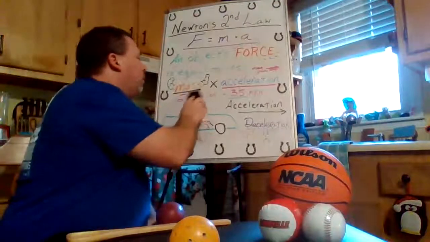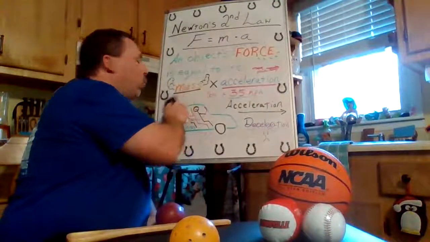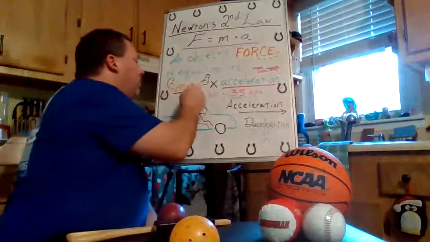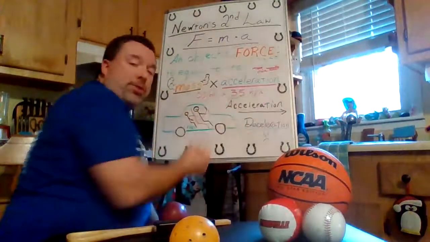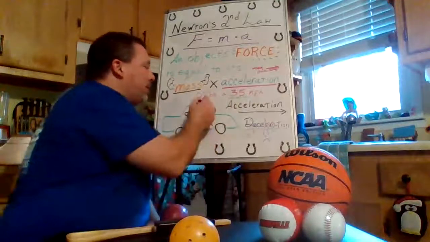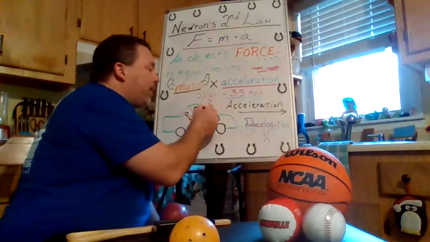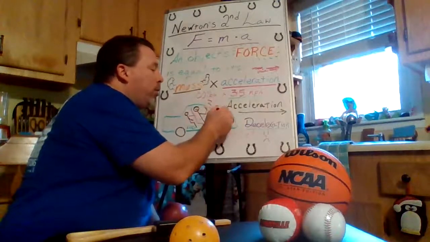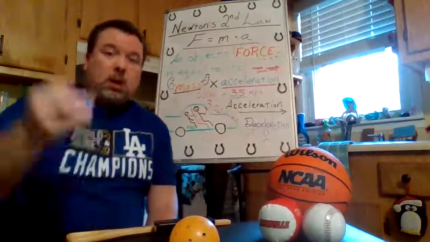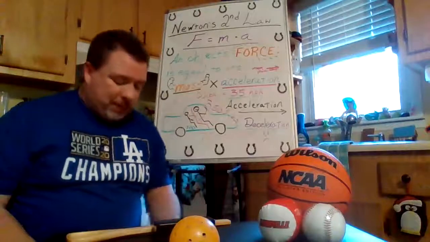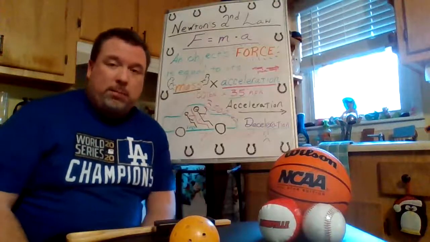You have your 100-pound child accelerating at 35 miles per hour. That means that child is going to hit the seat at 3,500 pounds of force.